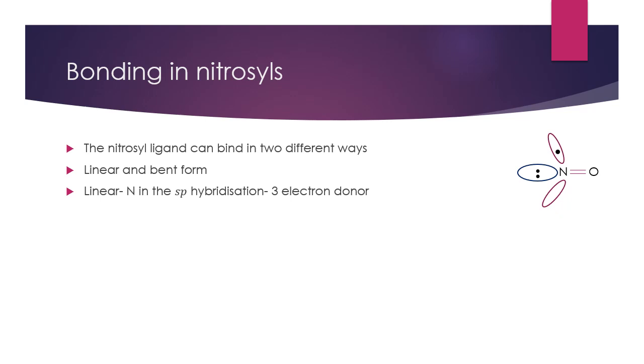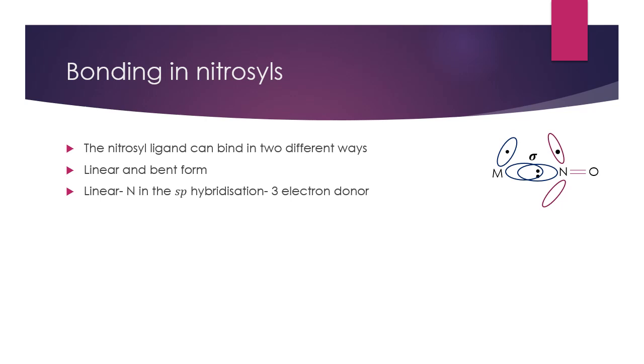During the metal nitrosyl ligand bond formation, the metal atom has an empty orbital which overlaps with the sp hybridized orbital of nitrogen containing a lone pair of electrons, and thus forms a sigma bond.